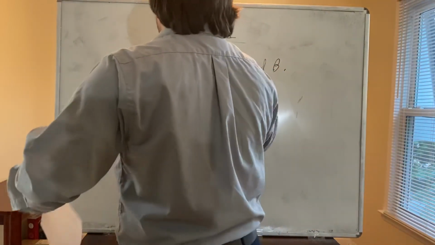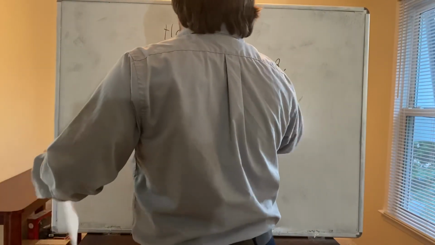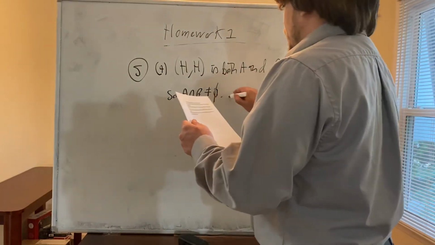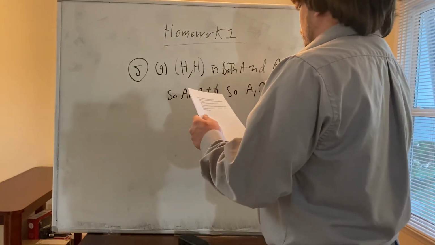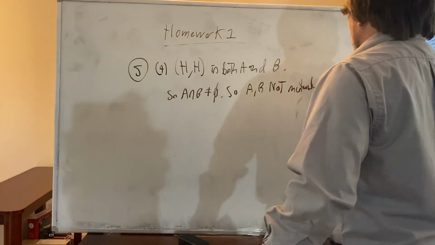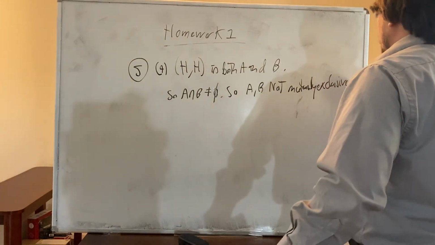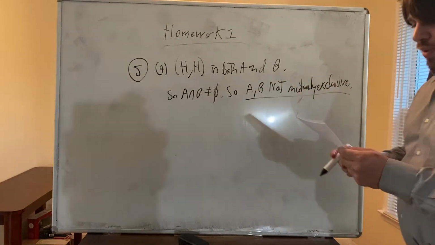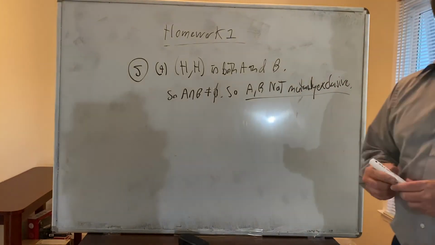And so A intersection B is not empty, and so that implies that A and B are not mutually exclusive events. Okay, so that's part A, and you do something similar for the others.